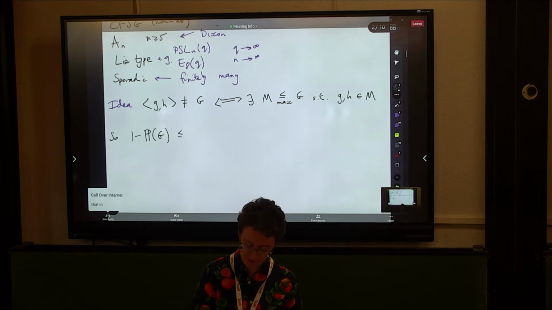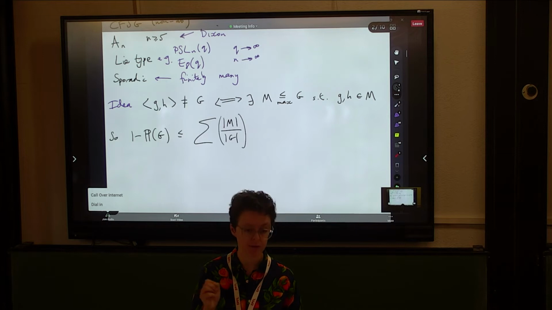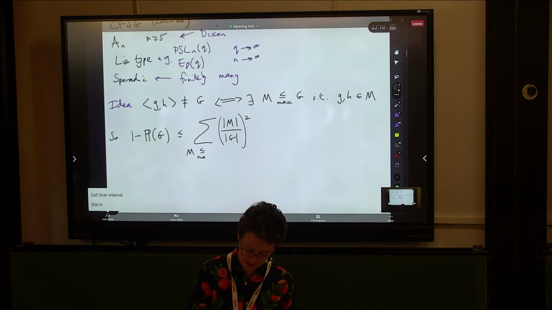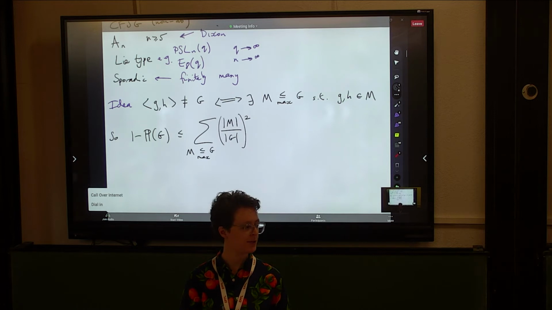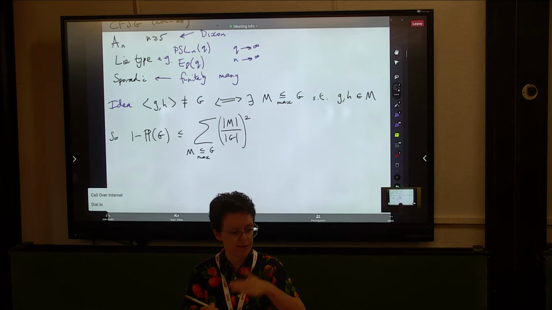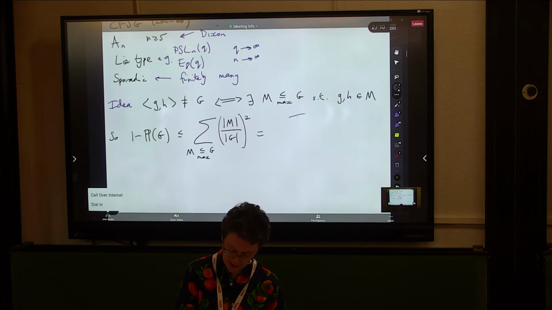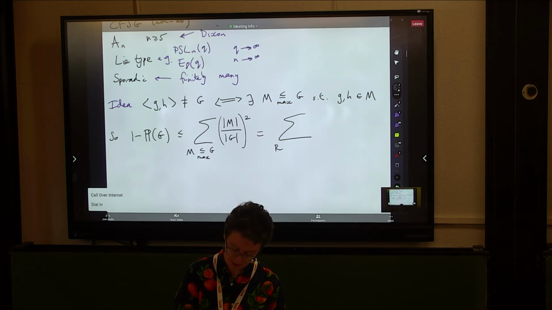Okay, so this is going to be bounded by the number of pairs in M divided by the number of pairs in G, big square here, and we are going to be summing over all of the maximal subgroups of G. And then we know lots of things about conjugacy classes of maximal subgroups, so let's move to that picture. So this is the same as, let's call R a representative of a conjugacy class of maximal subgroups.